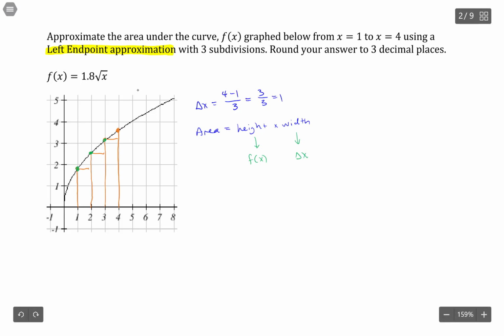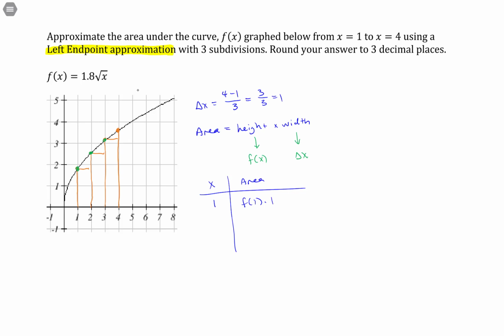So to find the area of the first rectangle, we have the first rectangle starting with the point 1, and the area of that rectangle is going to be f of 1 times delta x, which is 1.